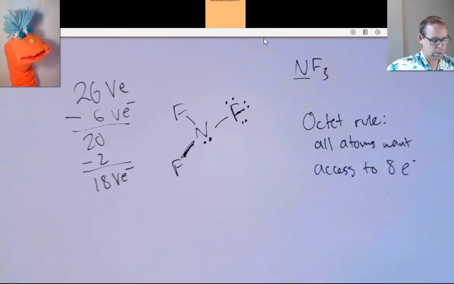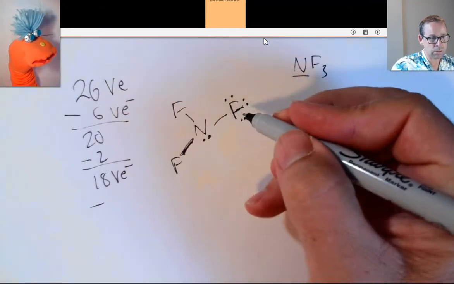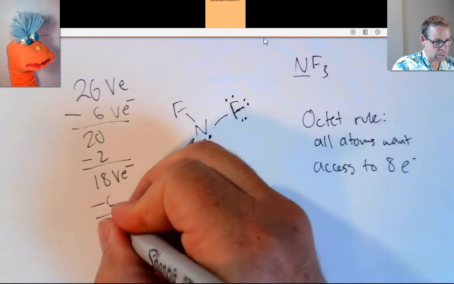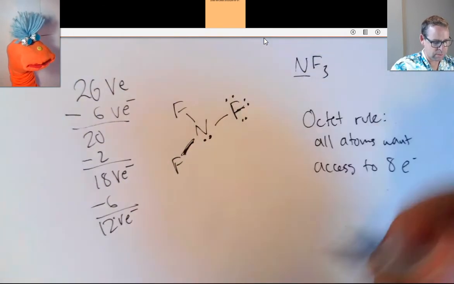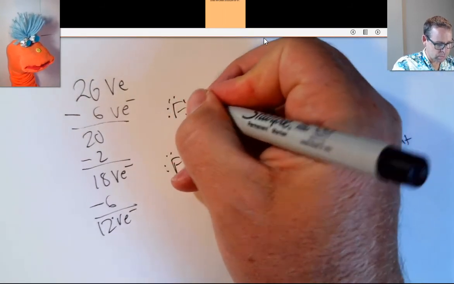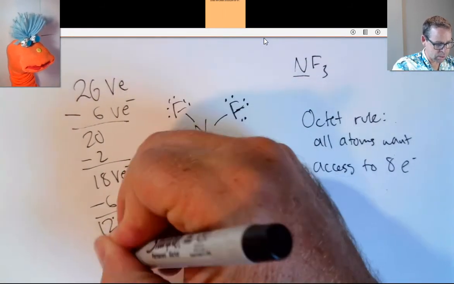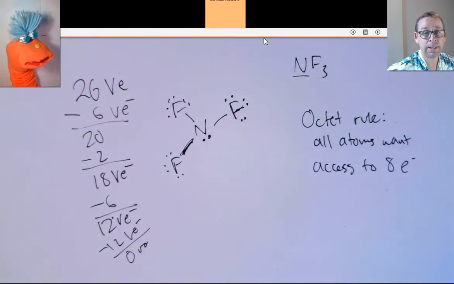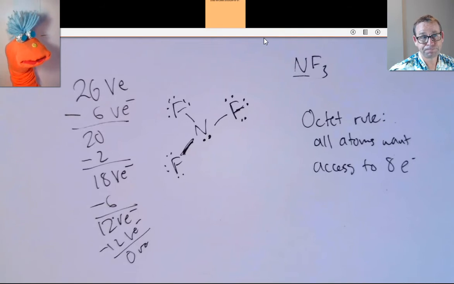Okay, I get it. Now, how many electrons did that take? 6. Yeah, I had to put 6 more on the fluorine. So now I only have 12 valence electrons left. And I can do the same thing to each of these. 6, 10, 11, 12. So I used up all my electrons. And now everybody has access to 8 electrons.